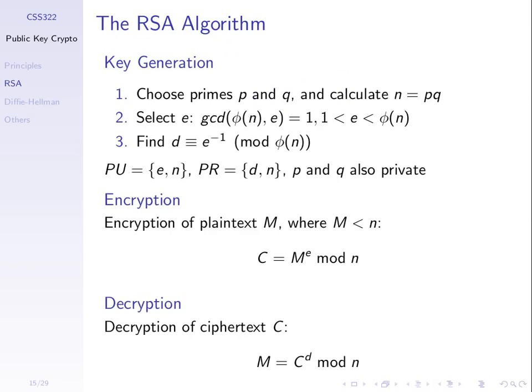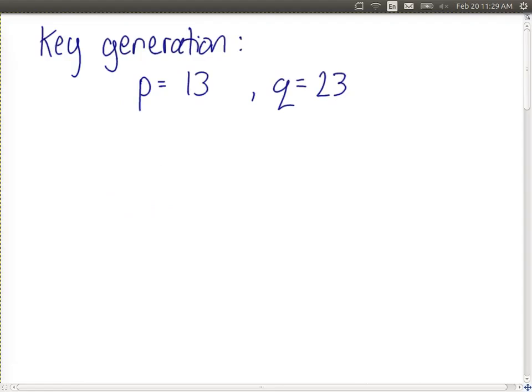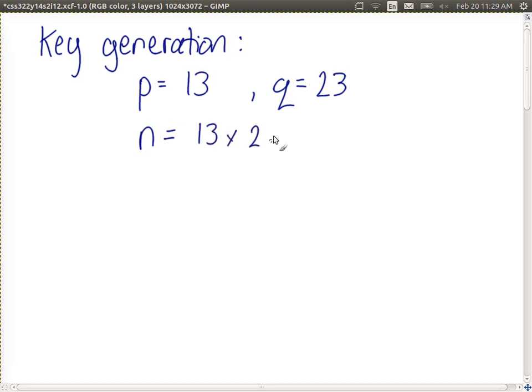Everyone have their own key pair? So let's go through the steps. There are different answers that you may come up with. We'll see what others come up with. So what's N? N, multiply the two values together, is what? 299.